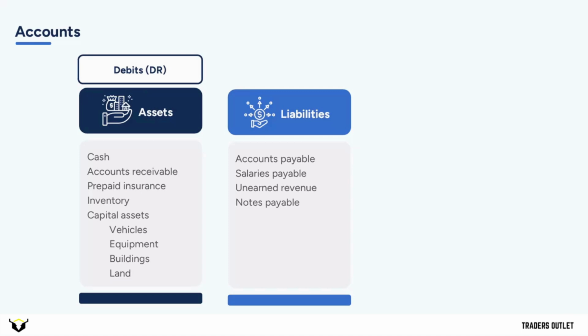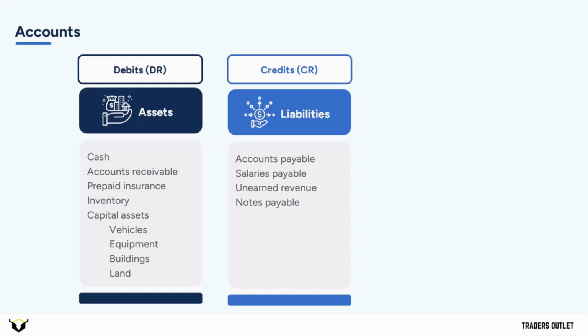Now, CR is often used as the short form for credit. Now, in contrast, liability accounts normally have what we call credit balances. This means that when we increase a liability, we'll have a credit on the account, and if a liability is decreasing, we will debit it.